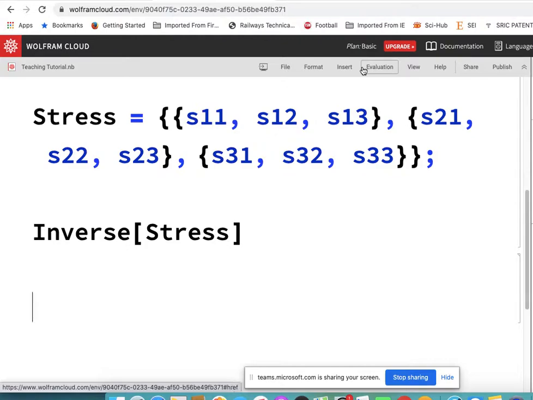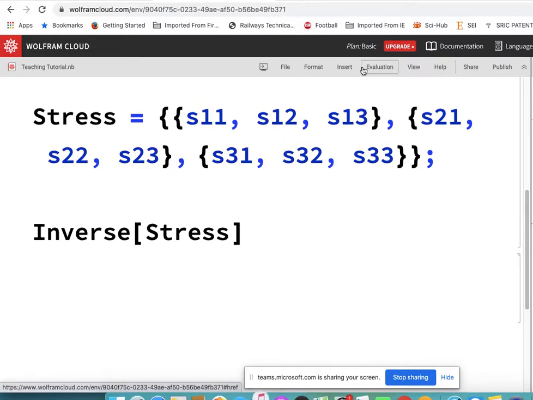Linear algebraic equations. Let us say you have a matrix equation of stress times x equals, let's say, a position vector, something.